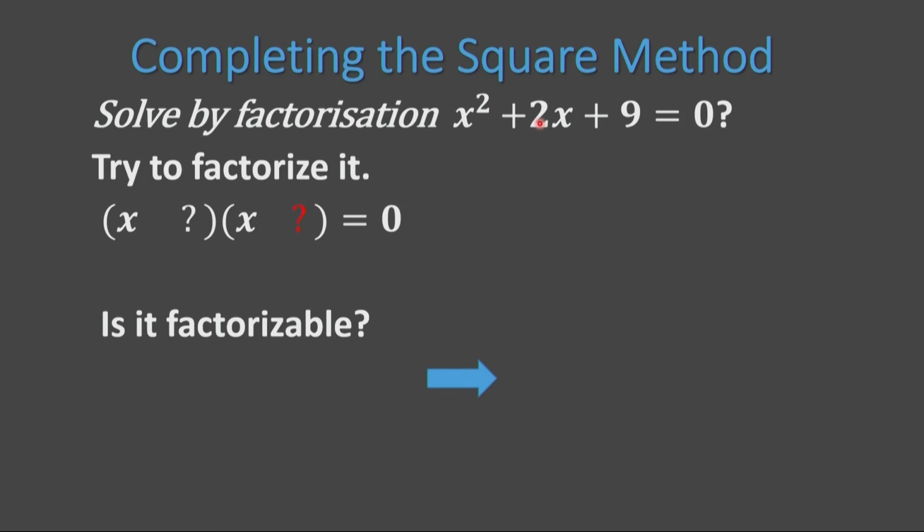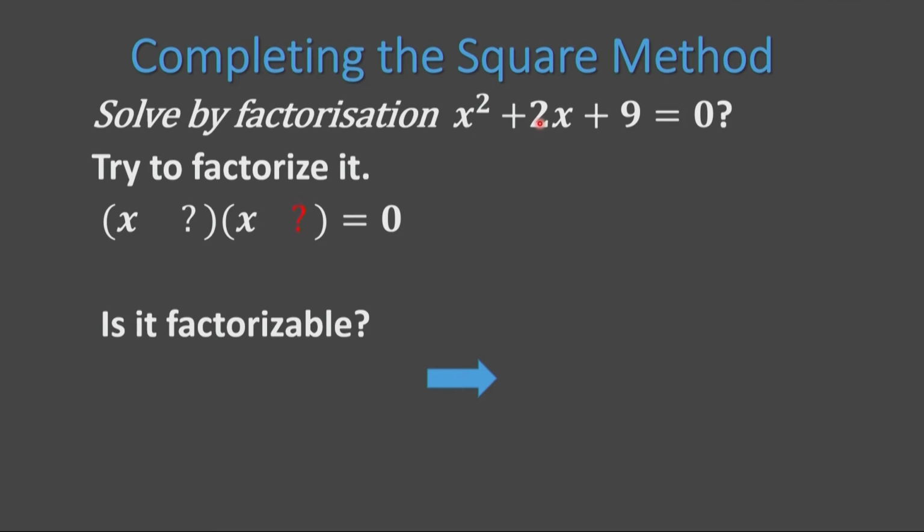And that's why I bring in the new method called the method of completing the square. We use it when we cannot factorize, because factorization is easier. So if you can factorize, use factorization. But also in the exam, I can set a question and specifically tell you to use the method of completing the square.